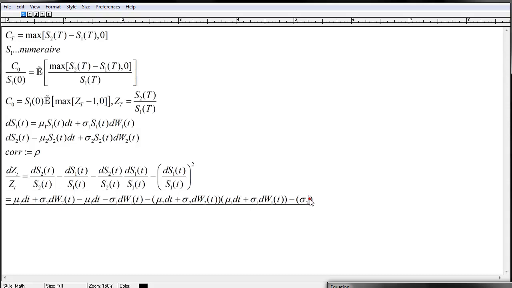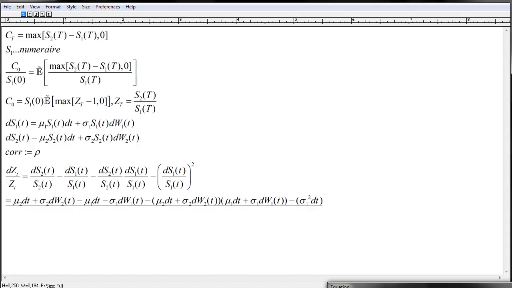That's for the first stock. So if we square this, we get sigma 1 squared times dt. Okay, that's the famous result of stochastic calculus, that these terms go out and you only have part of the stochastic piece, but instead of dW you get the dt.